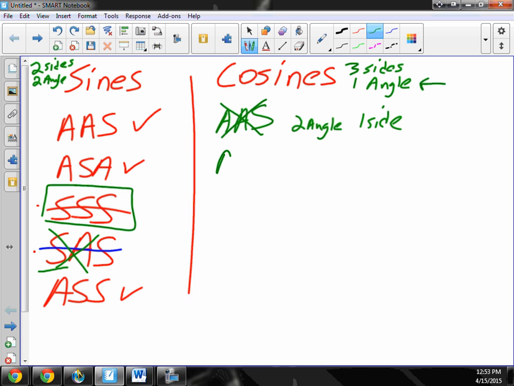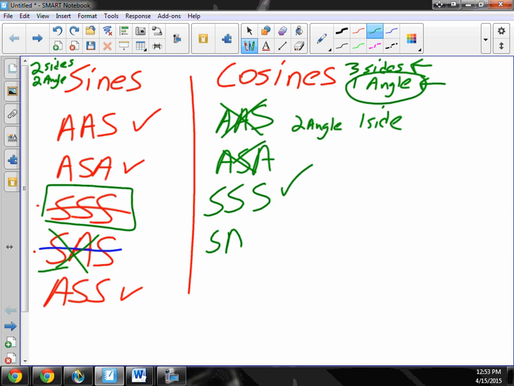What about angle, side, angle? It won't work either for the same reason. What about side, side, side? If I know all 3 sides, can I find the 1 angle? Yes. So this one now works. What about side, angle, side?